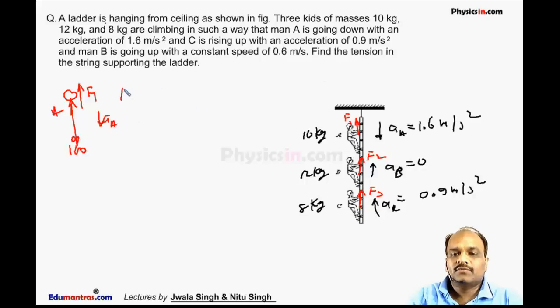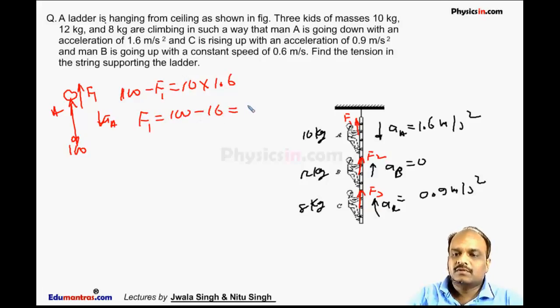So we can say 100 minus F1 is equal to 10 into 1.6. So from here we can say F1 is equal to 100 minus 16, that is equal to 84 Newton. This is the force exerted by this kid A on this ladder.